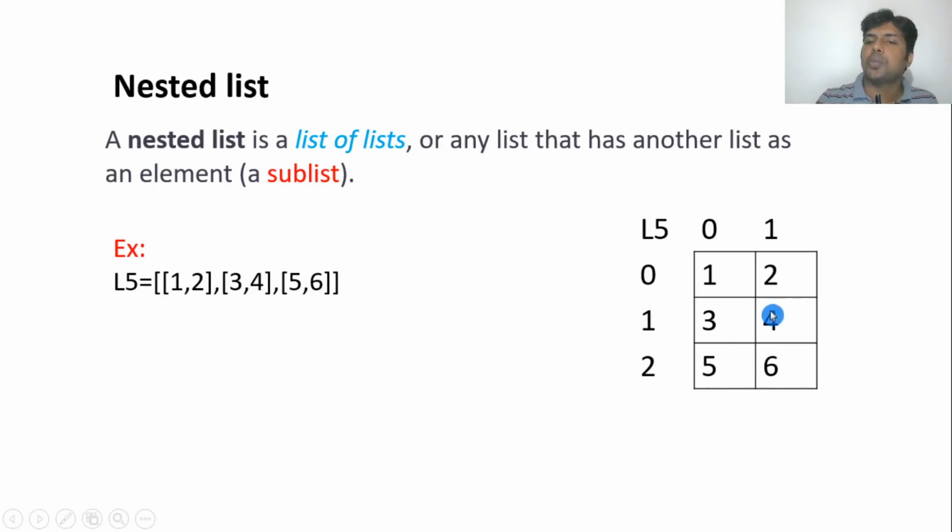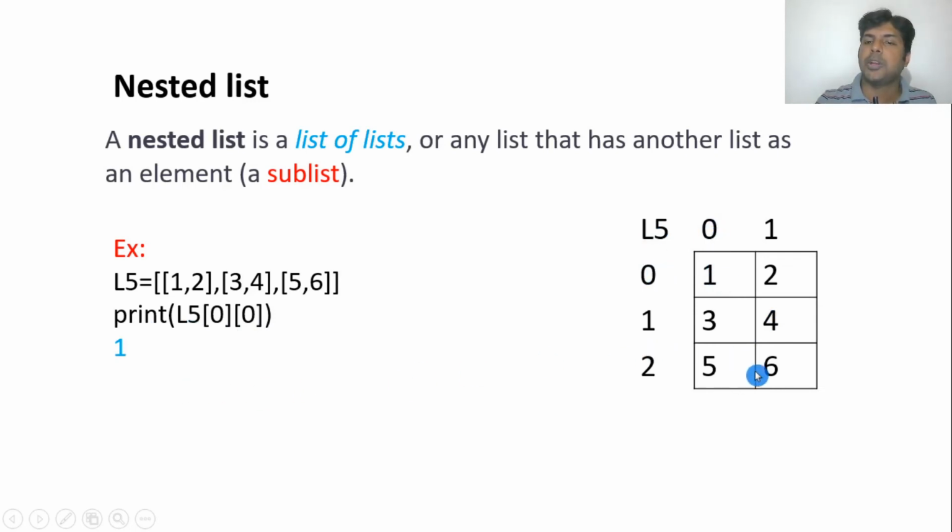Suppose I want to print 4, I will say L5[1, 1]. Suppose I want to print 1, I will say L5[0, 0]. It will print 1.